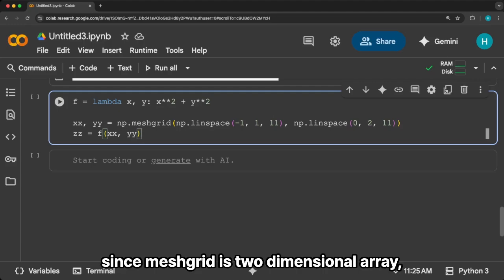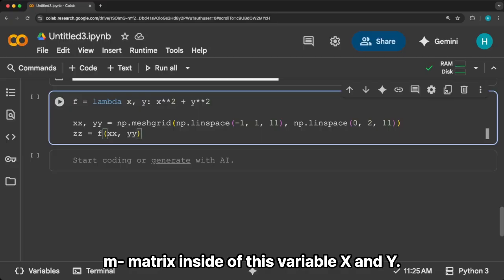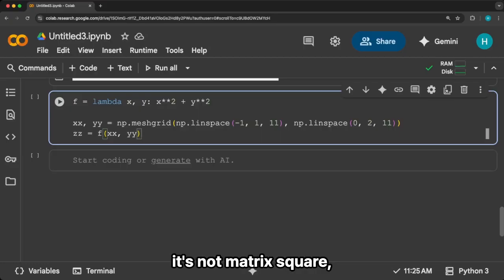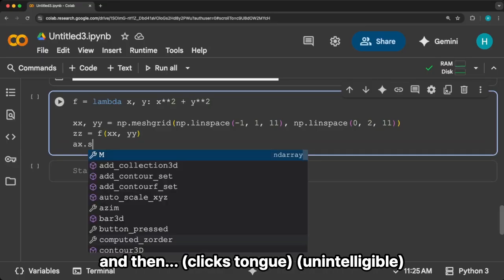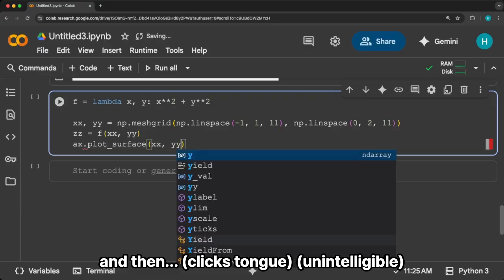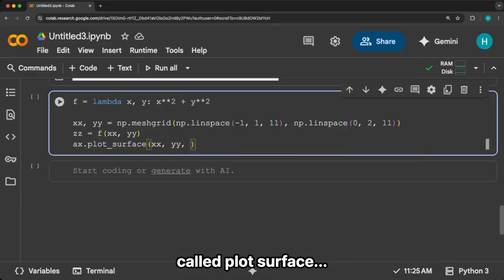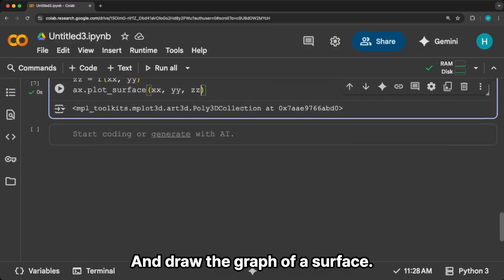Since the mesh grid is a two-dimensional array, a matrix, you can also put the matrix inside of the variables x and y. When you take the square, it's not the matrix square, it's the entry-wise square. And then you can use the function called plot surface and draw the graph of a surface.